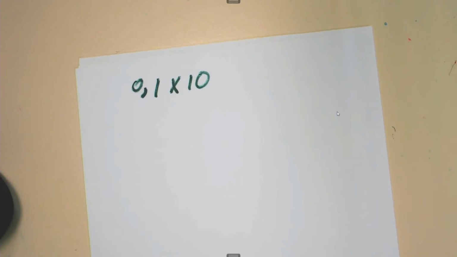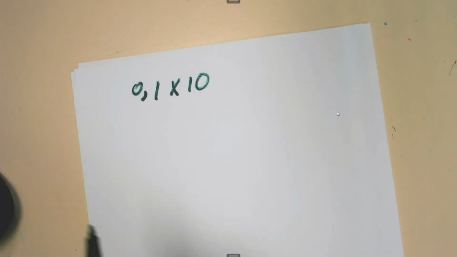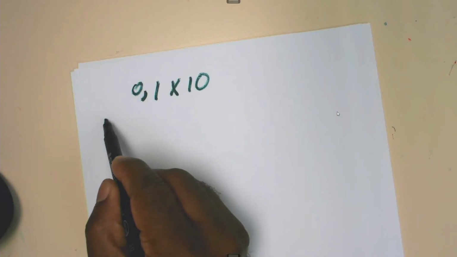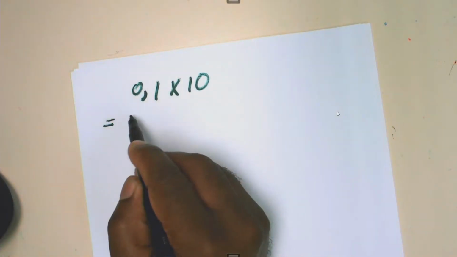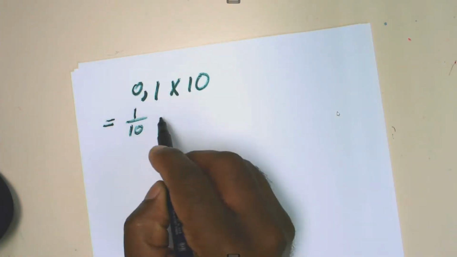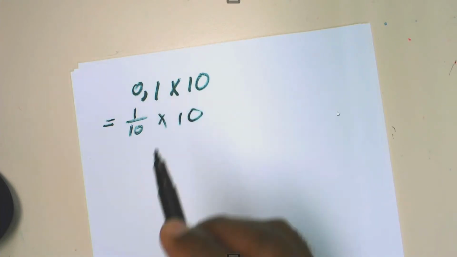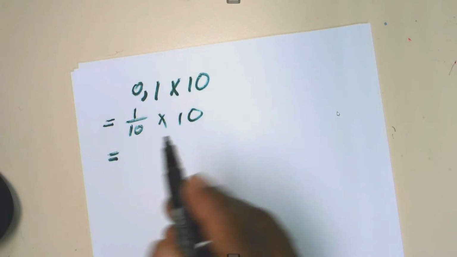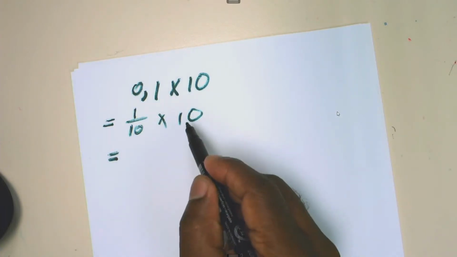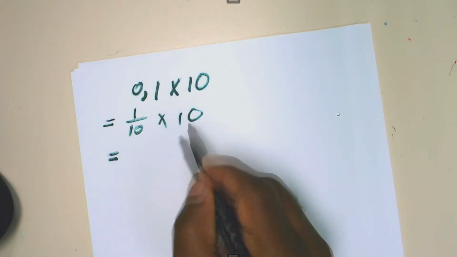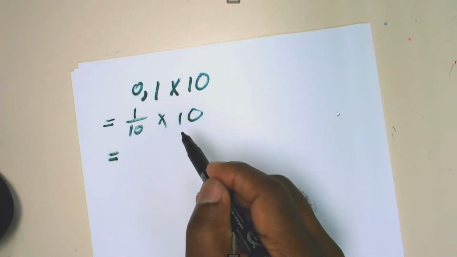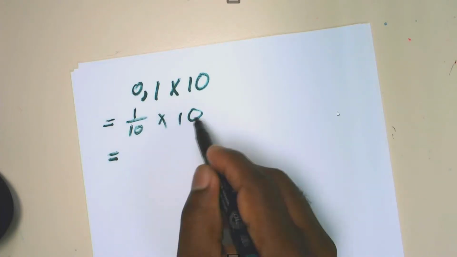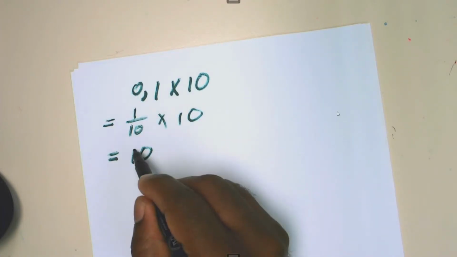We are having 0,1 multiplied by 10. And then we are saying 1/10 multiplied by 10 is equal to, actually, this 10 multiplied by 1, it will give us 10.